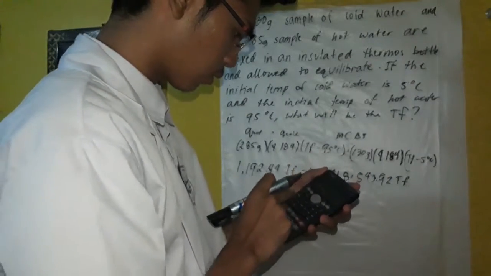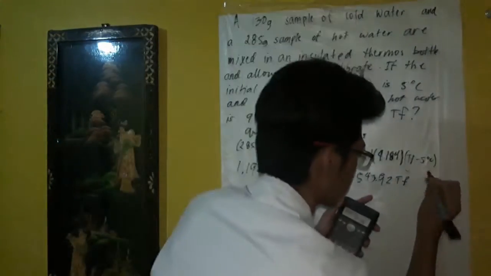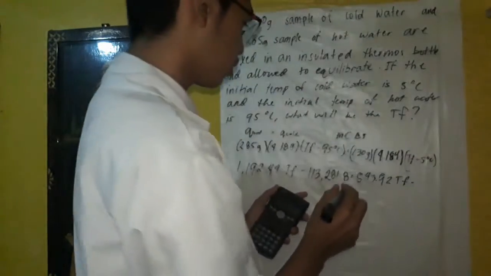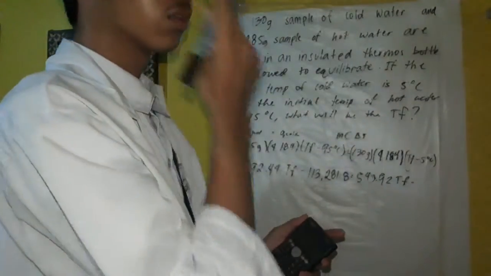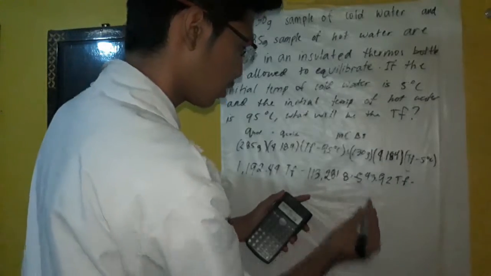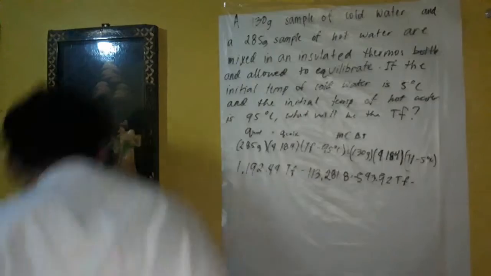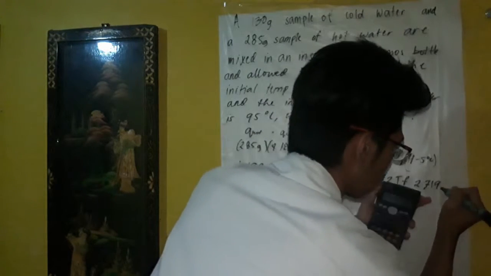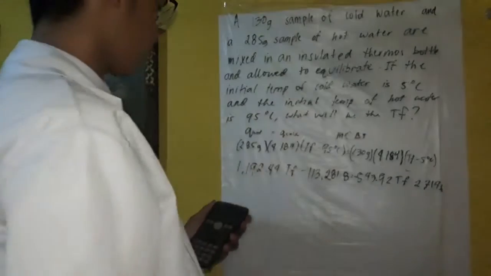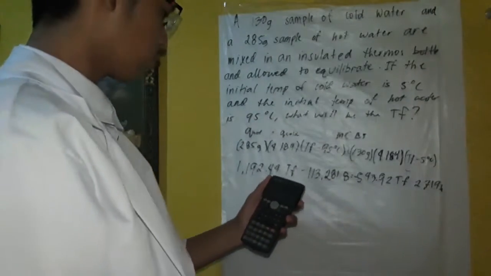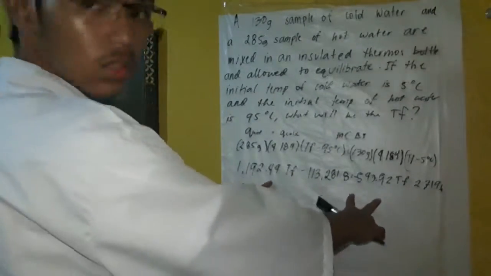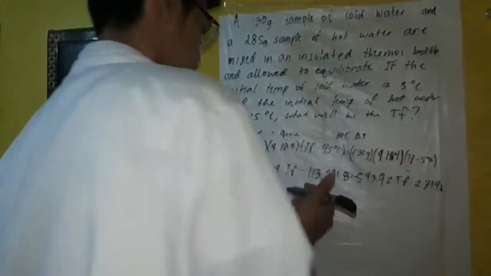By the way, this is negative, so the answer for this will be positive. Okay, so the answer is 2,719.6. Now we will combine the terms without the final temperature and the terms with the final temperature.